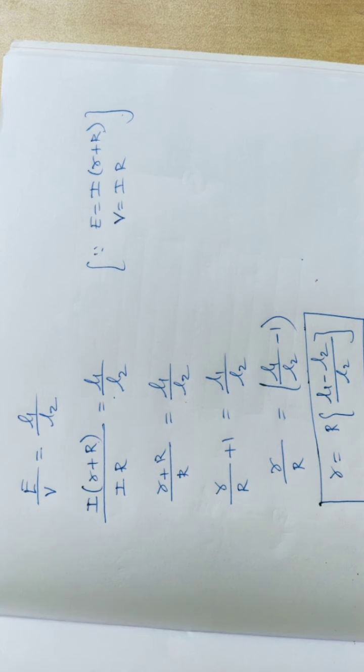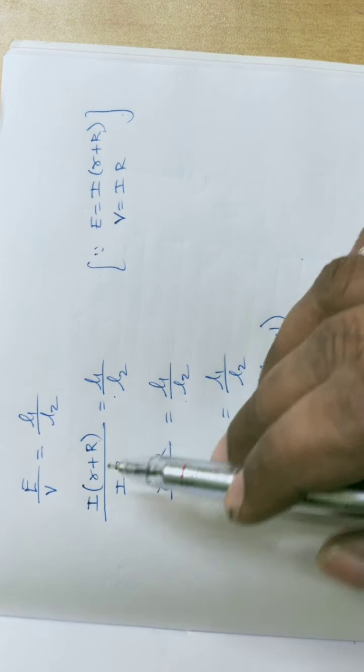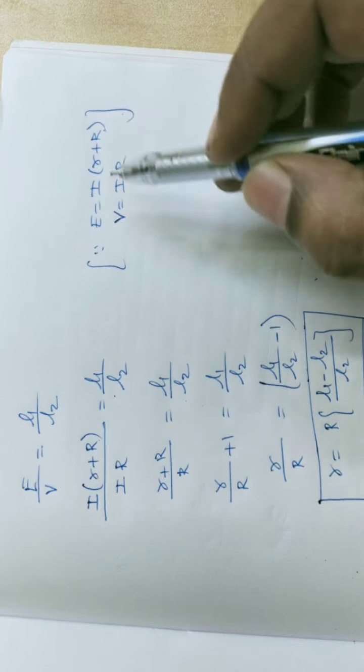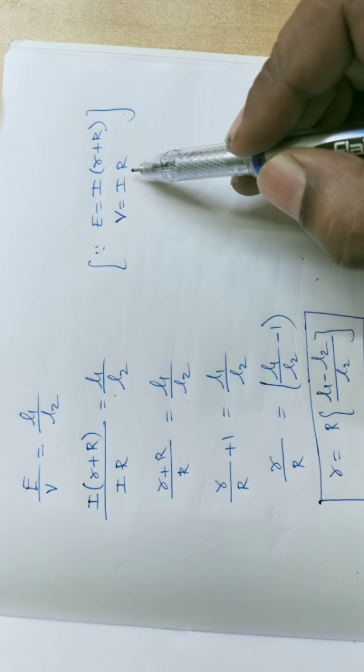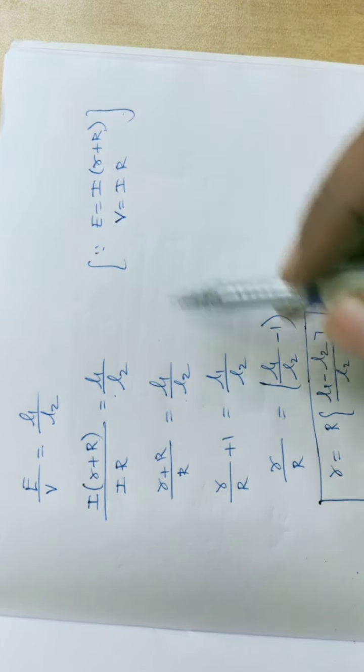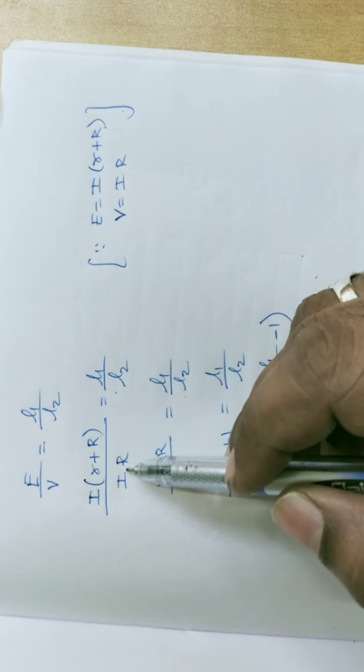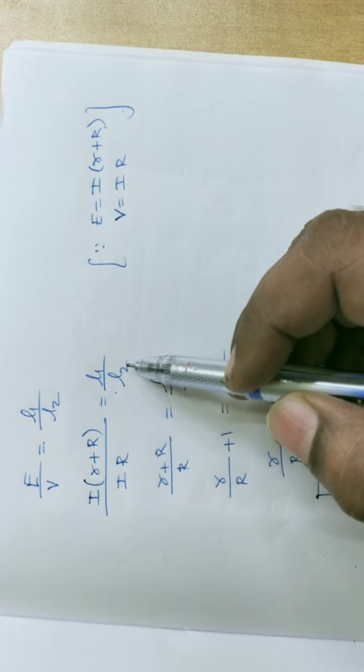By cancelling phi we get E by V is equal to L1 by L2. We know very well that capital E is equal to I into (small r plus capital R), and also V is equal to IR. By substituting, I into (small r plus capital R) divided by I into R is equal to L1 by L2.